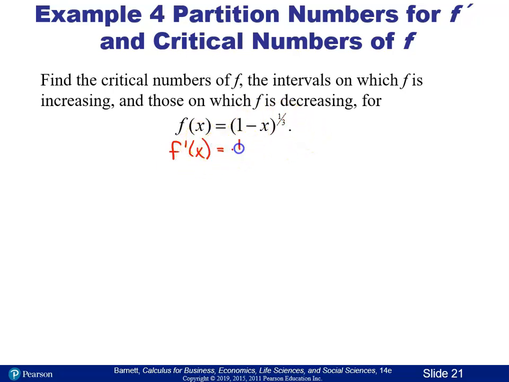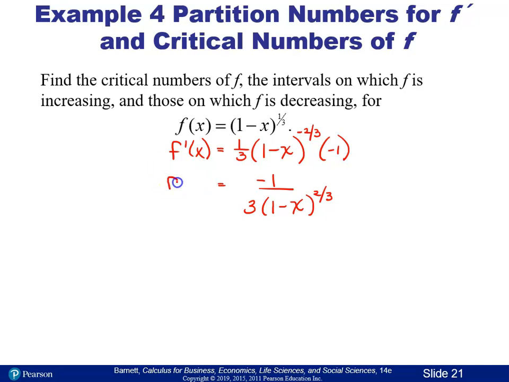The derivative of this is going to be 1/3 times 1 minus x, take away 1, so this will be the negative 2/3. And then the derivative of this inside function would be negative 1. So I'm going to have negative 1 over 3 times 1 minus x to the 2/3.